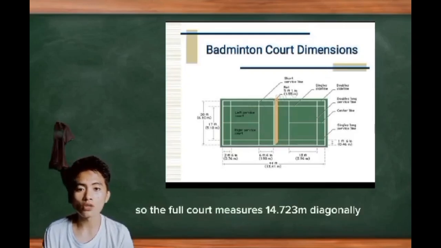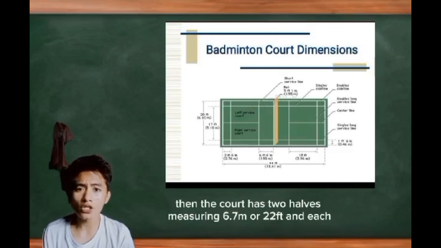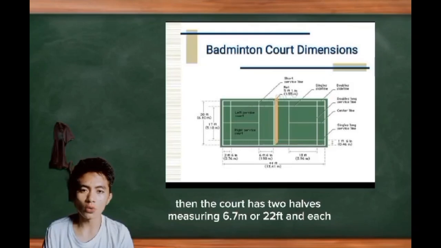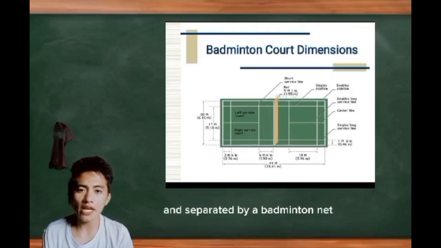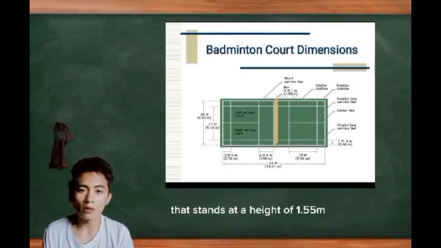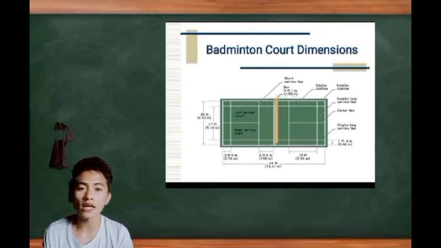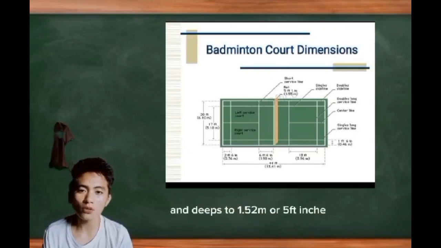The full court measures 14.723 meters diagonally. The court has two halves measuring 6.7 meters or 22 feet, each separated by a badminton net that stands at a height of 1.55 meters. Sa ato pa, ang gitas-on sa net is 5 feet and 1 inch at the ends and dips to 1.52 meters or 5 feet.